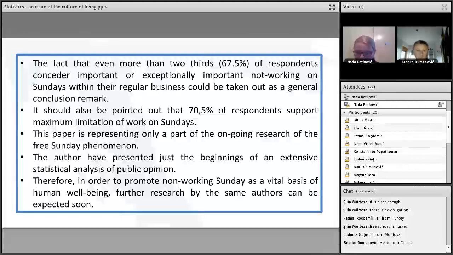The authors have presented just the beginning of an extensive statistical analysis of public opinion. Therefore, to promote non-working Sunday as a vital basis of human well-being, further research by the same authors can be expected soon.